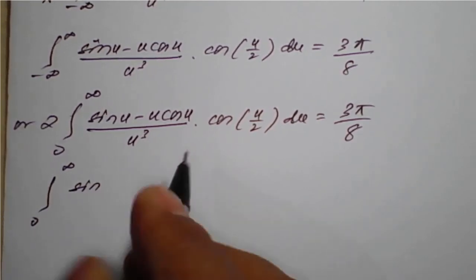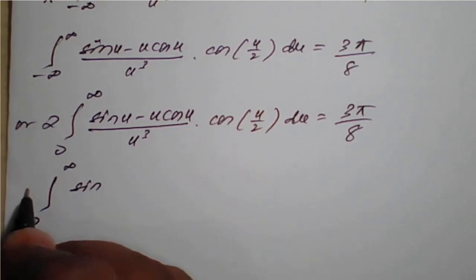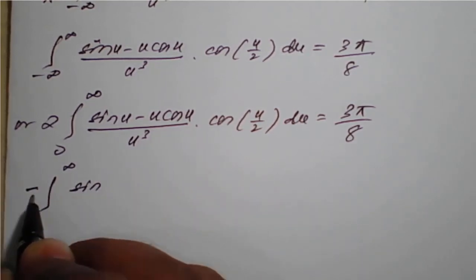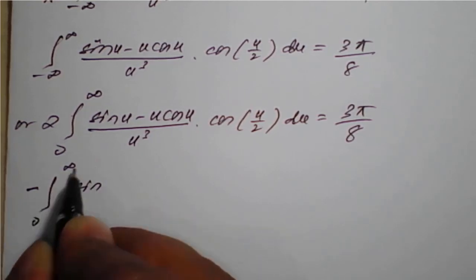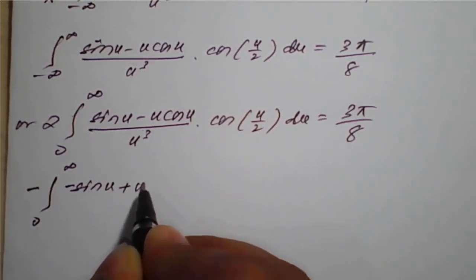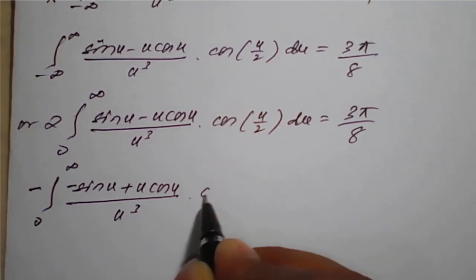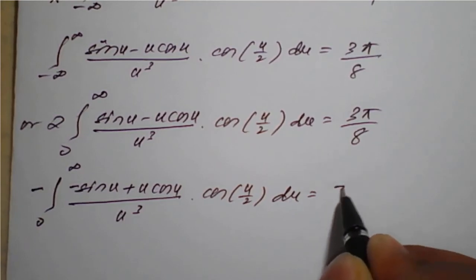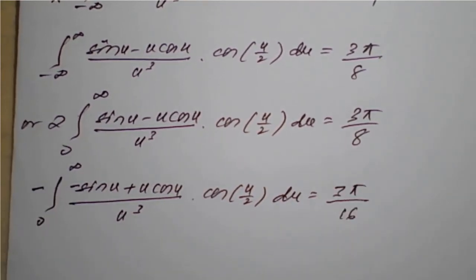Among this you take the minus sign common. If I take the minus sign common out of the integral, this will become minus sine u plus u cos u divided by u cube into cos of u by 2 into du is equal to 3 pi by 8 to is 16, because 2 we were multiplying here.